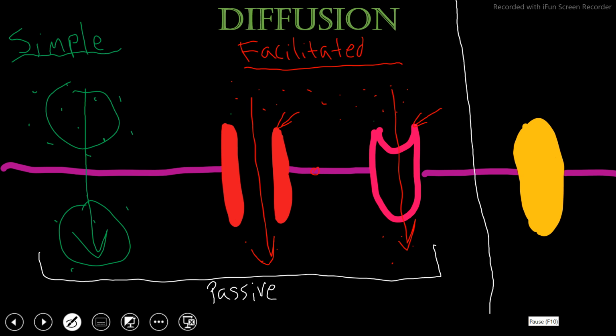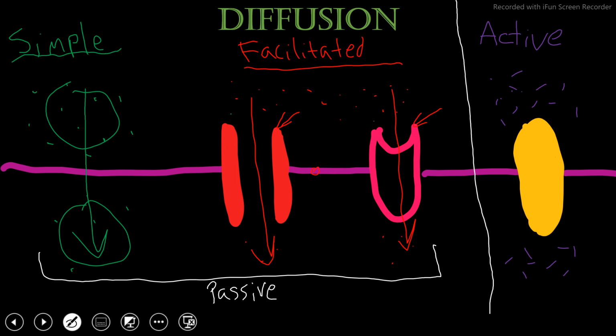Now, we can't talk about passive transport unless we talk about active transport. Active transport is taking solutes from a low concentration and putting them to the high concentration, so the opposite of diffusion. So let's say we have our high concentration up here and then our low concentration down here.